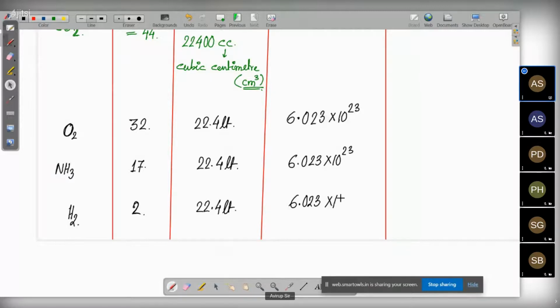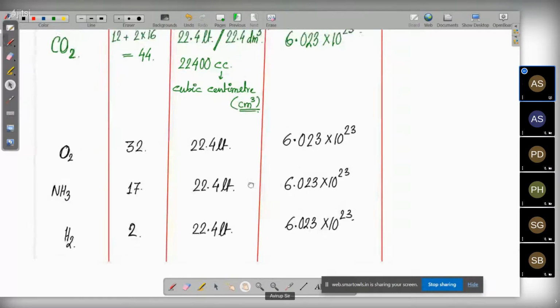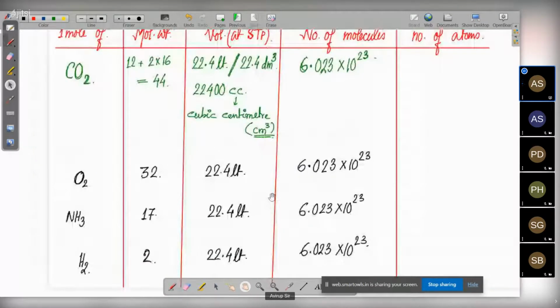Avogadro number. Is this clear to everyone? So one molecular weight has 22.4 liters, and the number of molecules in it is Avogadro number. Is it clear to everyone till this much? Yes, sir. Okay.